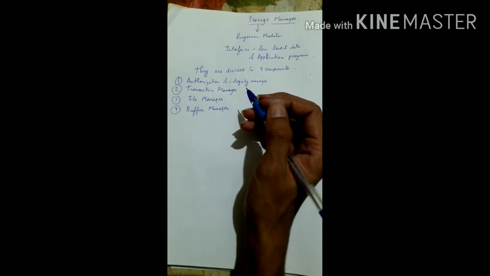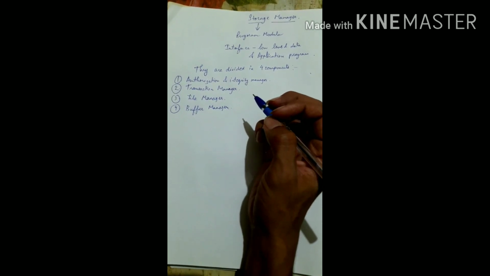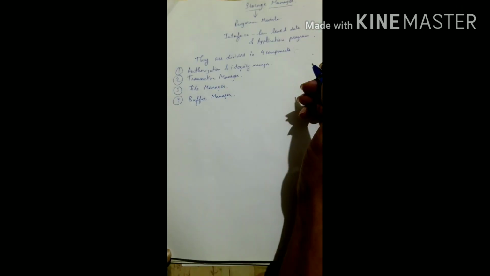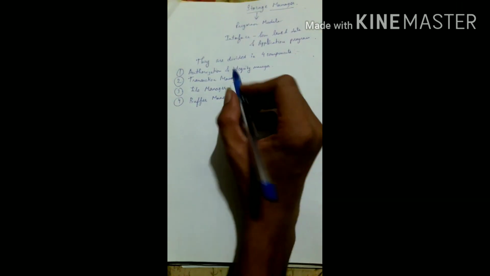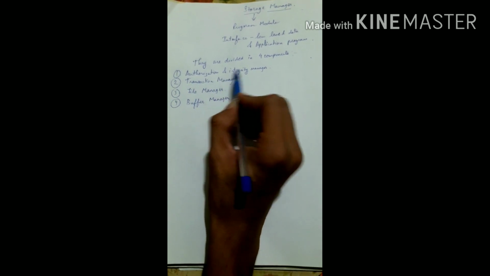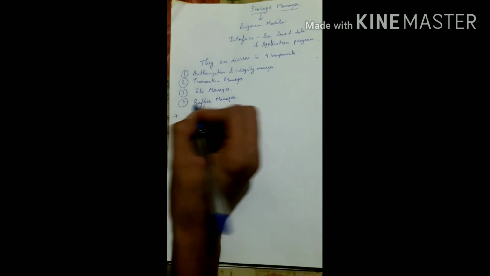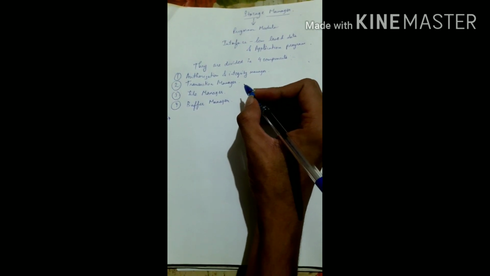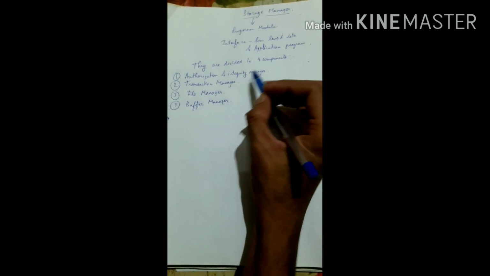Now, let's see the work done by these different managers in order to fulfill the requirements of the storage manager. Let's discuss the first component, the authorization and integrity manager. From the name itself, we come to know that it has to check the authorization of the user to access the data.